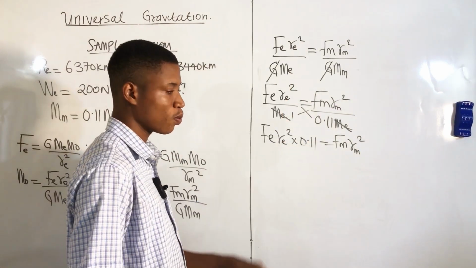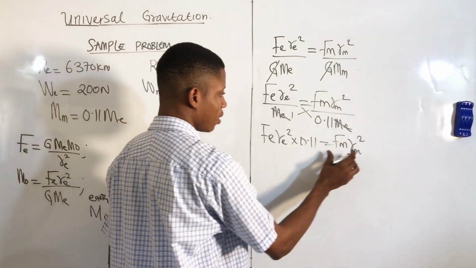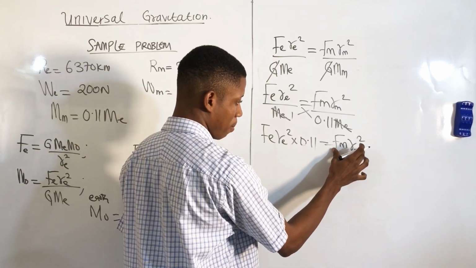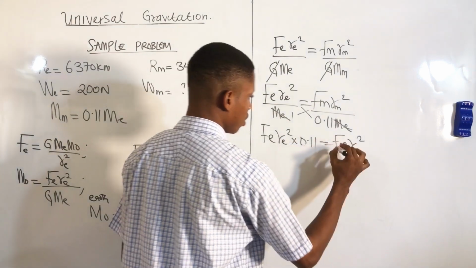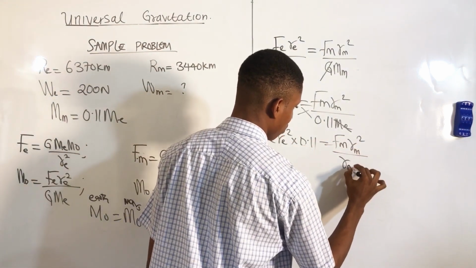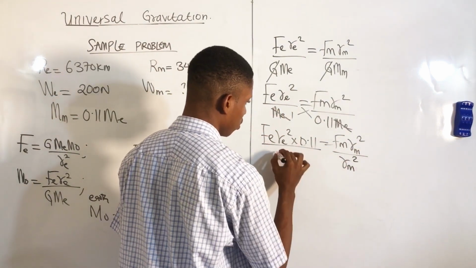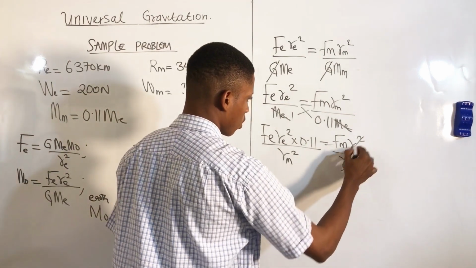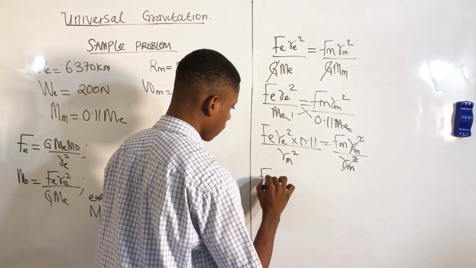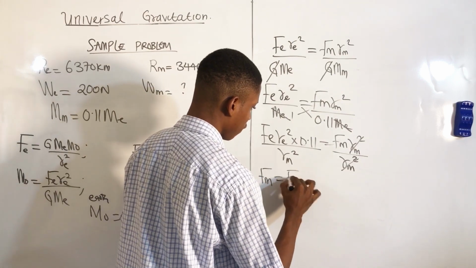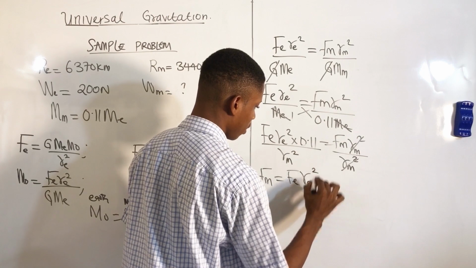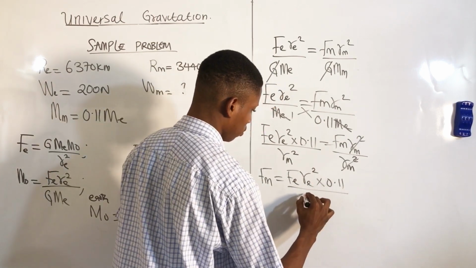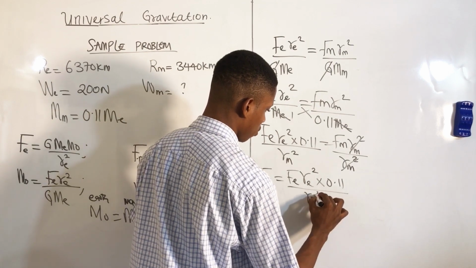Take note. Let us make the force of attraction between Mars and that object the subject of the formula. So it's the same as dividing by what? The distance of separation on Mars, of course, the square of the distance of separation on Mars. This will cancel this. F_M will stand alone. F_M becomes what? F_E r_E squared multiplied by 0.11 over what? r_M squared.